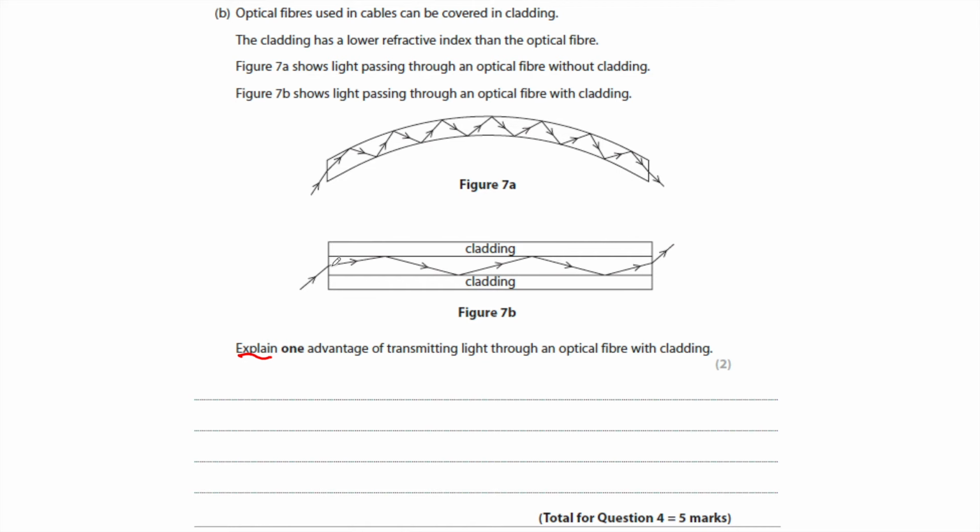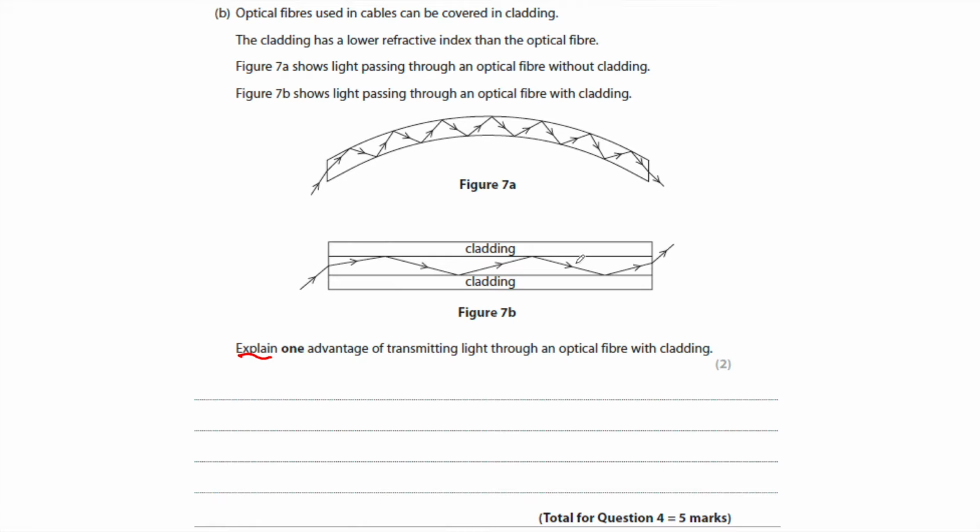You can see with cladding, only light with a larger angle is reflected. That would give you your first mark. And that's because the critical angle is increased with the cladding. So what's the advantage?